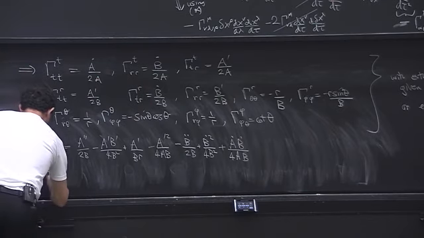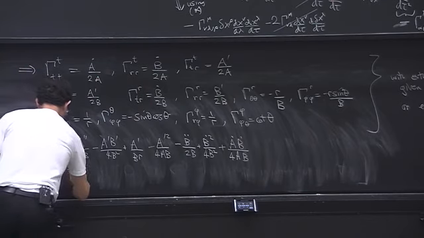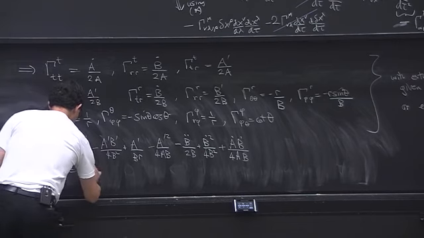Then we have R_tr. This one's easier. It's just B dot over Br.